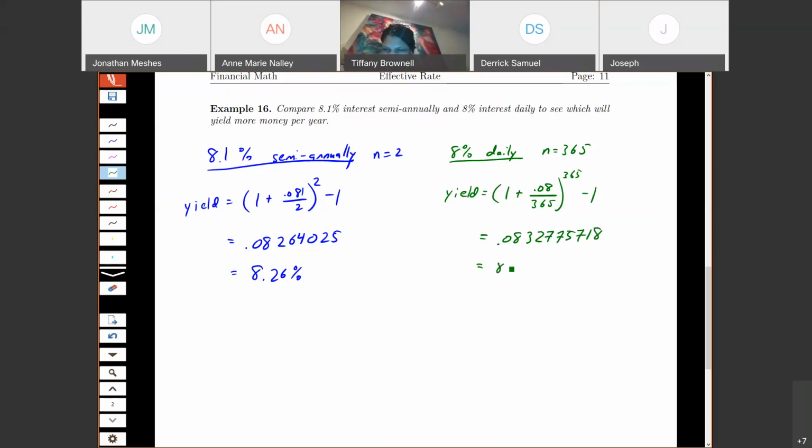Or again, if I convert to a percent and round to a couple decimal places, we get 8.33%. So in this case, even though 8% is a smaller interest rate, because it's compounded so much more often, I actually end up with a better deal than the higher interest rate that's only compounded twice a year.